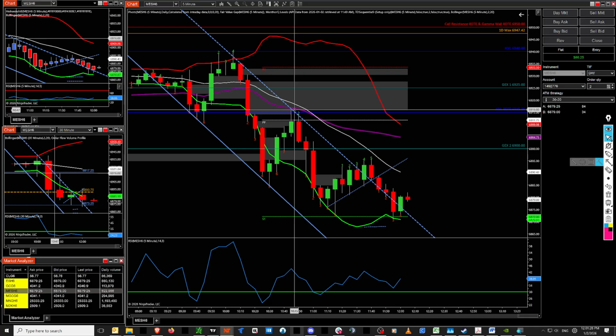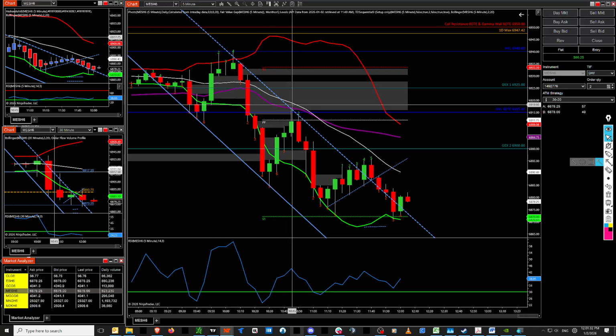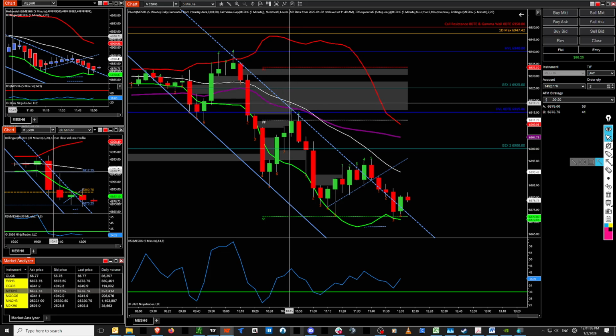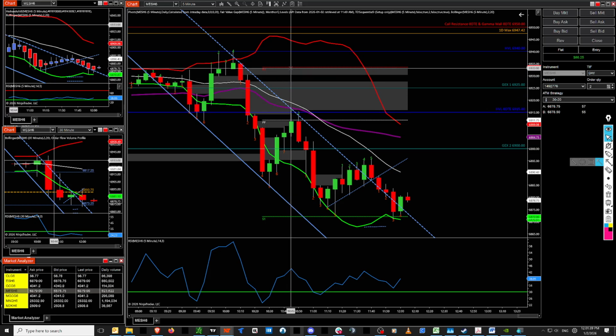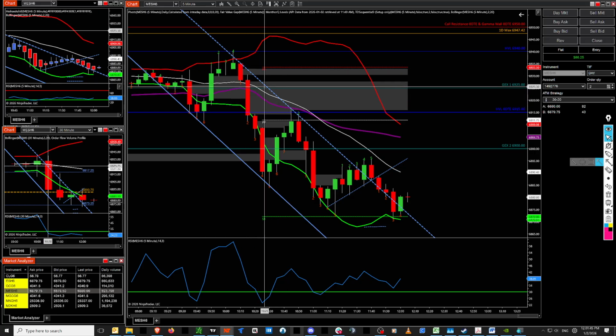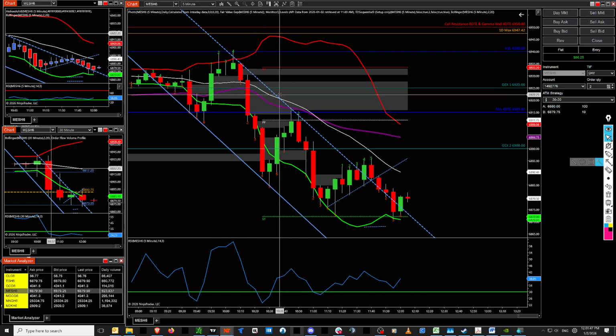Could you trade this chart totally blind, no indicators? Sure, you would get in here when you came into the fair value gap. However, your stop has to be back here, because you have to give it the option to move through the entire fair value gap, which it could do.